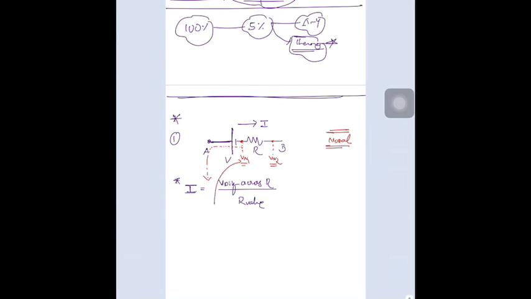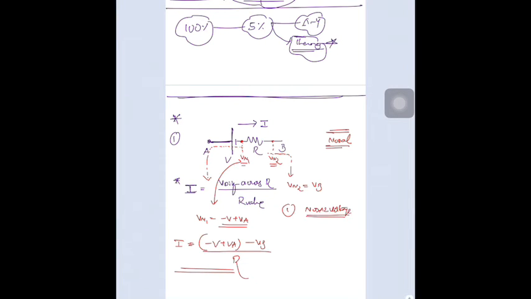In this journey, Vn1 is equal to minus V plus Va. In this journey, Vn2 is equal to Vb. So current I is equal to (minus V plus Va minus Vb) by R. Now you have learned how to calculate a nodal voltage and how to calculate the current in a branch.